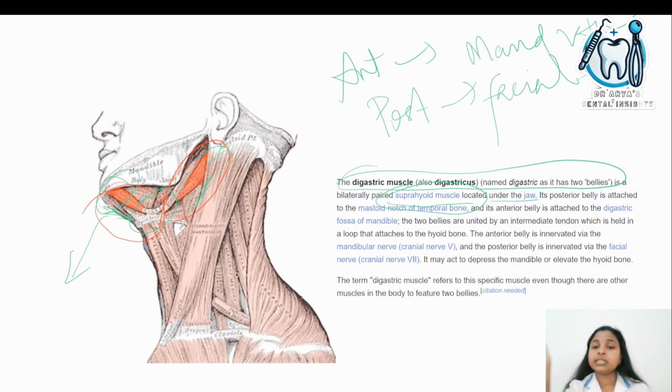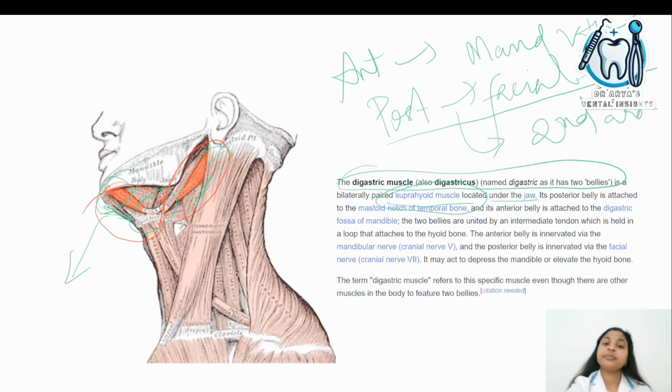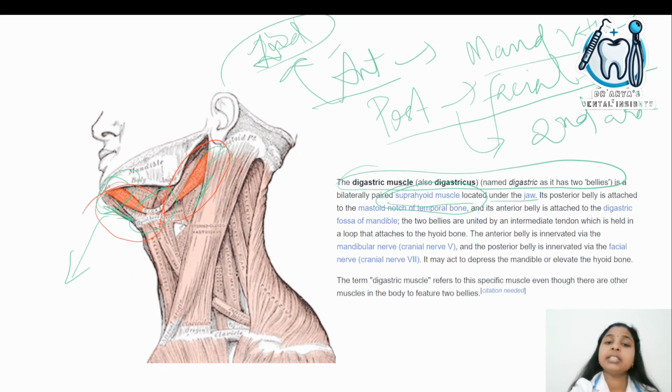The posterior belly is derived from the second pharyngeal arch, and the anterior belly is derived from the first branchial arch.